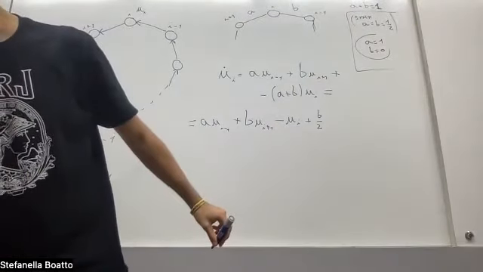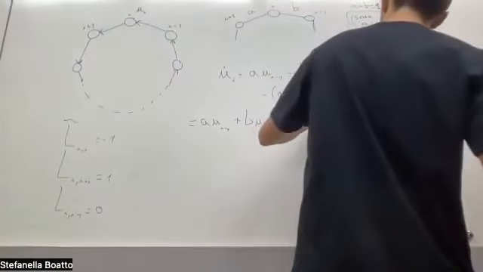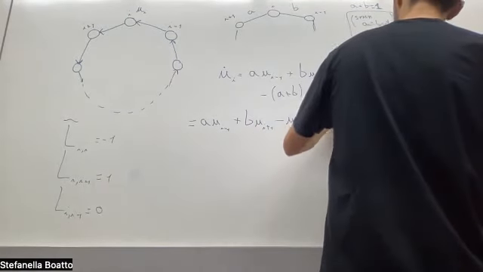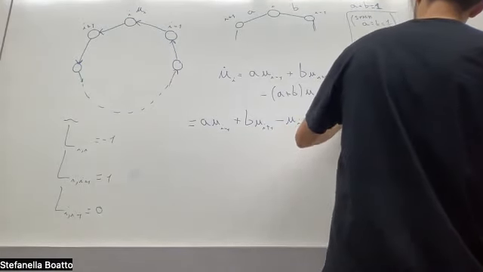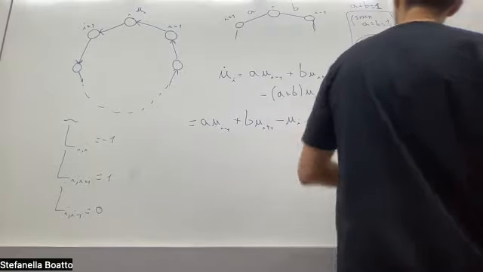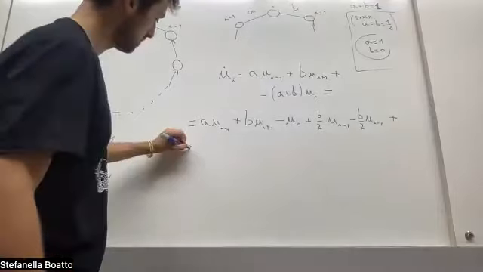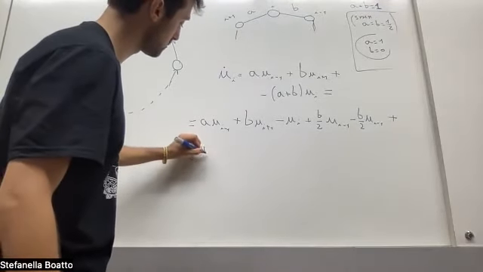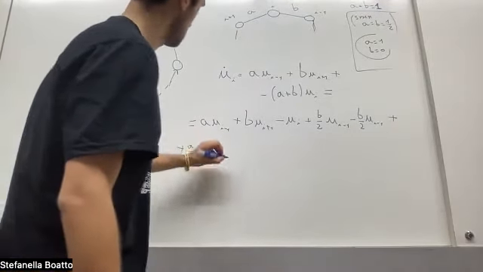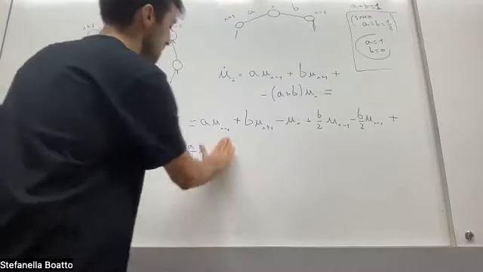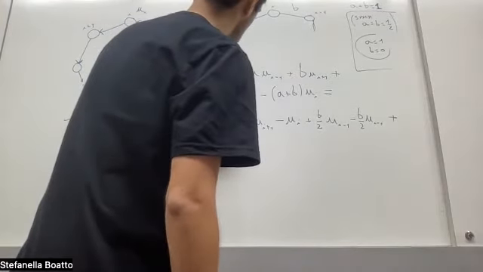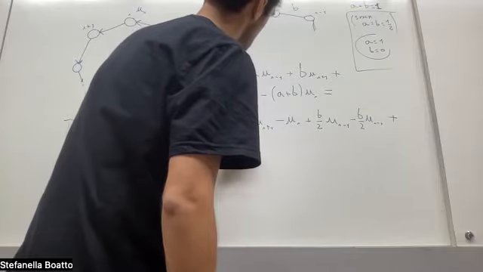I have to get the indices right, yes. So U I minus 1 minus, we have U I minus 1, and then A half U I plus 1 minus A half U I plus 1.